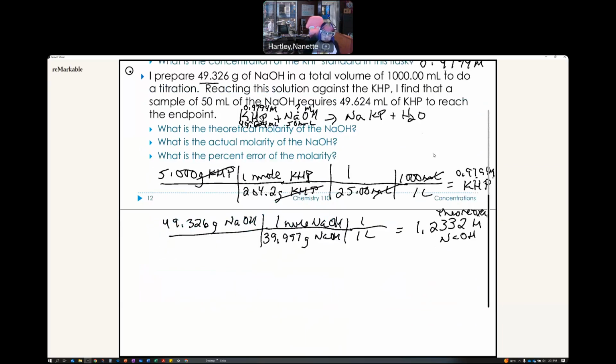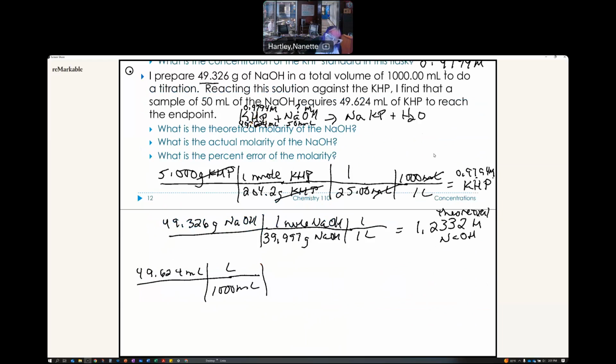So in order to find that, I need to start with what I know the most about, this. And I always start with the volume because it's by itself. It only has that one unit. So I start with this 49.624 milliliters. I do a unit conversion, 1,000 milliliters per liter.